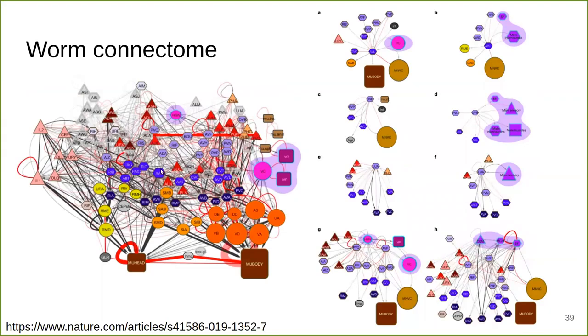Despite the fact that there are only 300 cells, there are quite a lot of connections, and for a multitude of functions, like in this case, here's the network of all of the neurons that are implicated in muscular movement. And it turns out that out of 82 types of interneurons, 60 types of interneurons are implicated in this innervation of muscles. So this network is a mess of sorts.